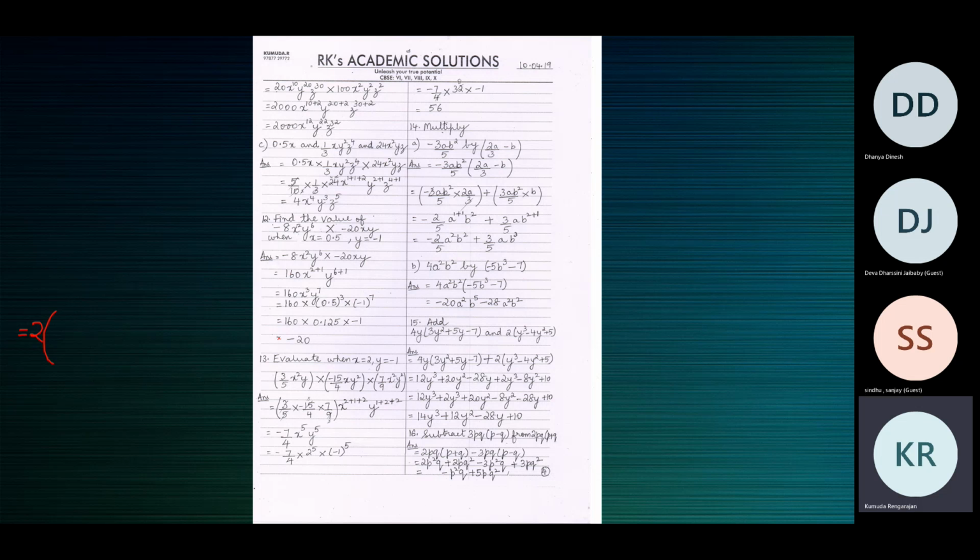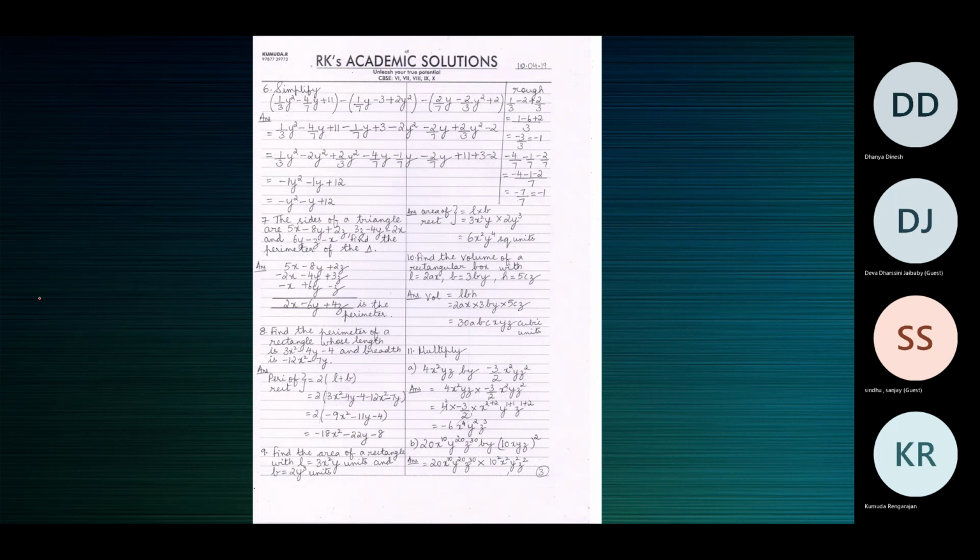So what is L? 3x square minus 4y minus 4, plus breadth, which is minus 12x square minus 7y.